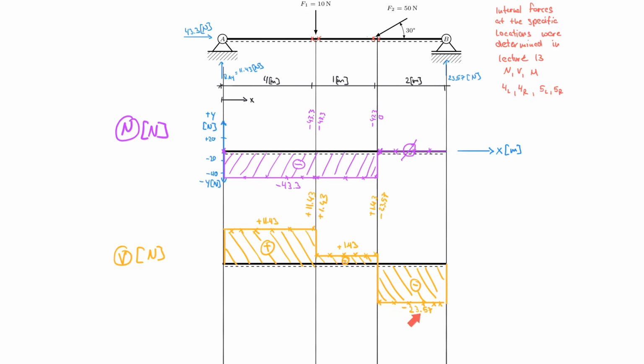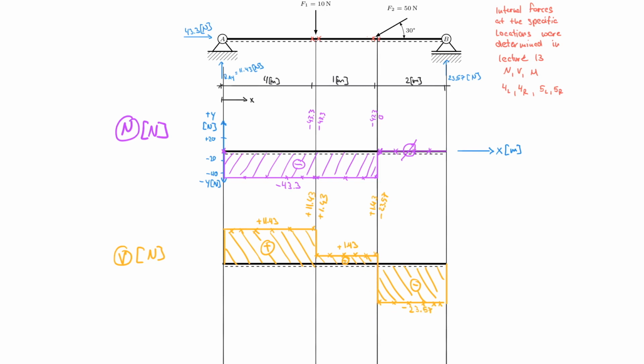These are the significant values, and it has the shaded areas with positive and negative clearly identified. Now, what is a significant value? A significant value is a value that represents the entire behavior. So from here to here, it's 11.43, then we have a jump. Then 1.43 is another significant value. And then we have another jump.